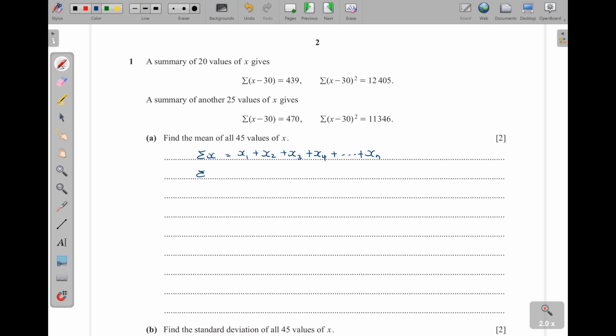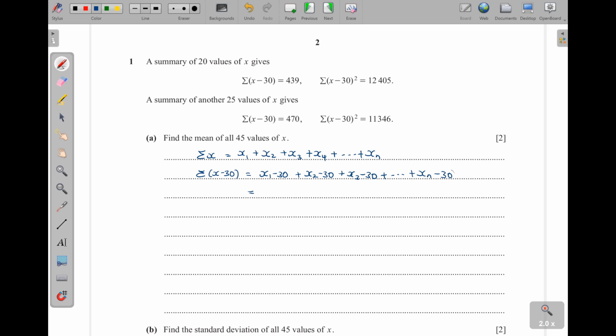So if I have summation of x minus 30, this simply means that every x value, I subtract 30: x1 minus 30, x2 minus 30, x3 minus 30, and the rest up to xn, I also subtract 30.